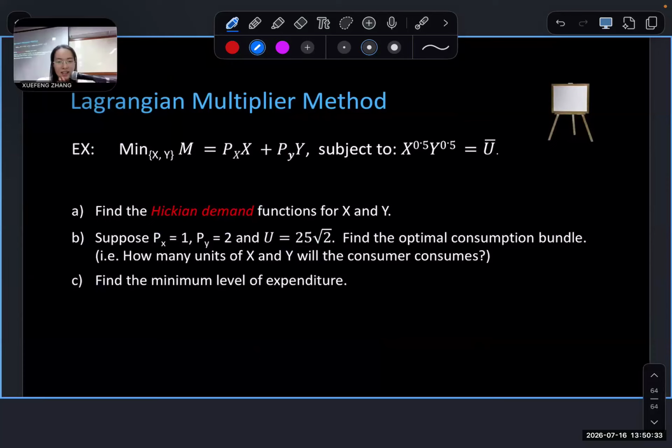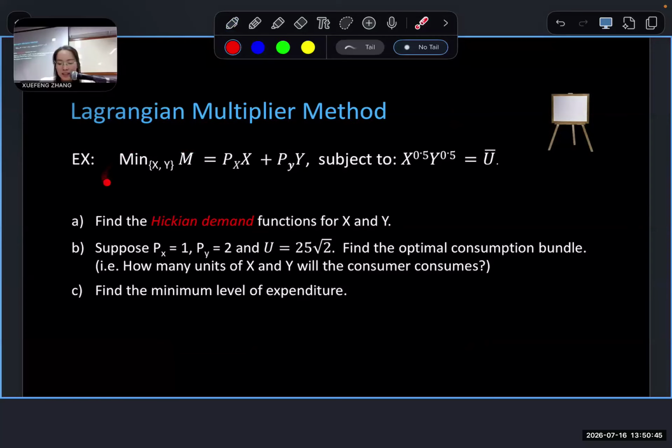This is an in-class quiz. Do you have an A4 paper with you, or you can do it on your iPad. So this time, please solve this question. The problem is you need to minimize your spending subject to the utility.